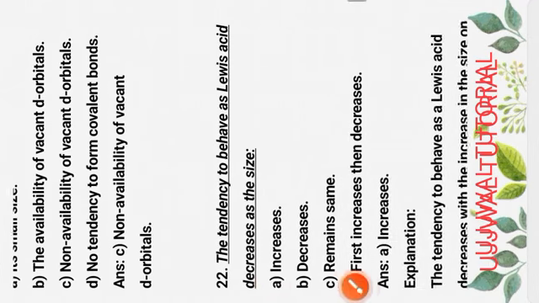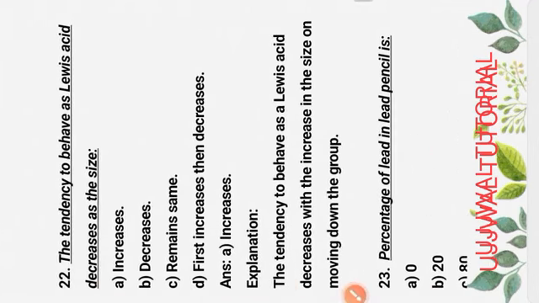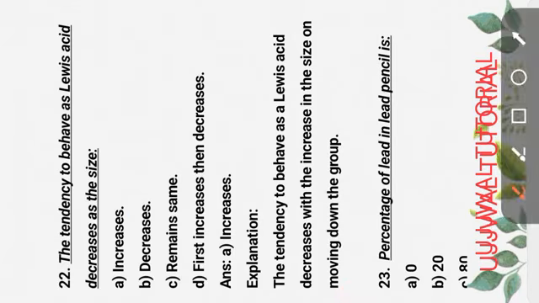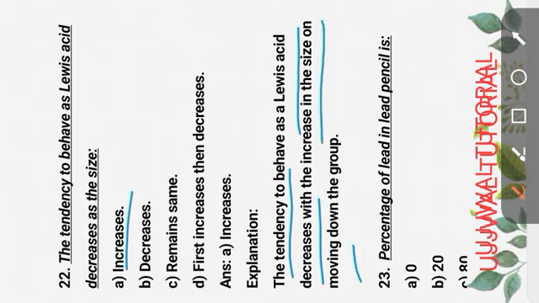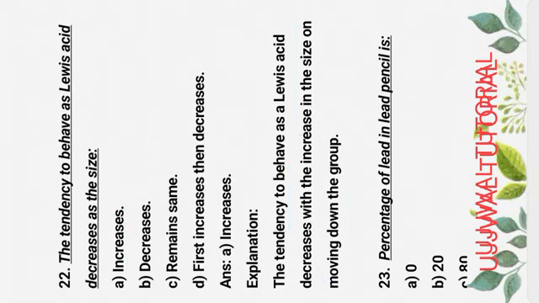Question number 22. The tendency to behave as a Lewis acid decreases as the size increases, option A. To explain, the tendency to behave as a Lewis acid decreases with the increase in size on moving down the group in the periodic table.